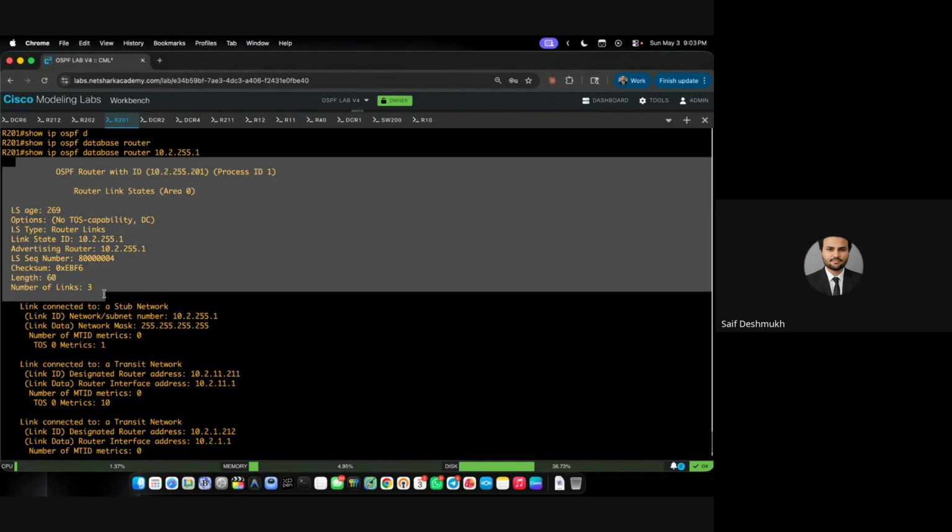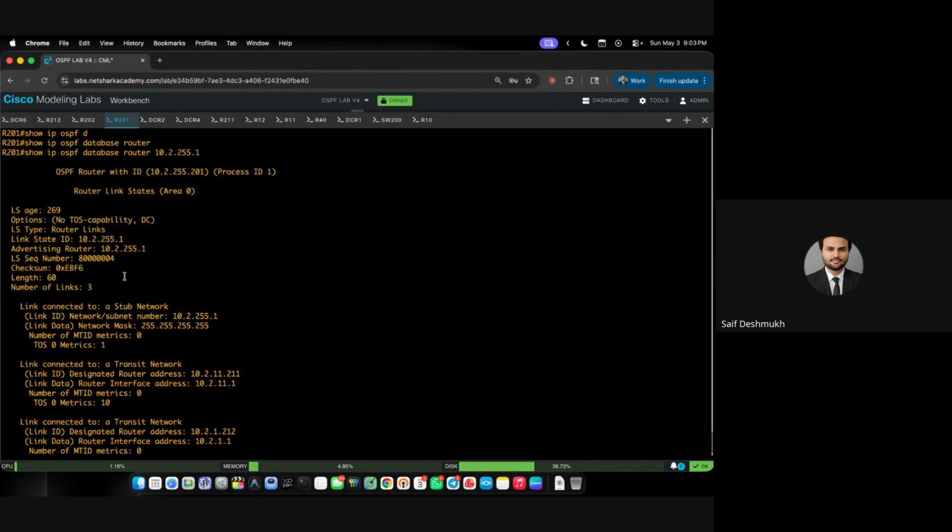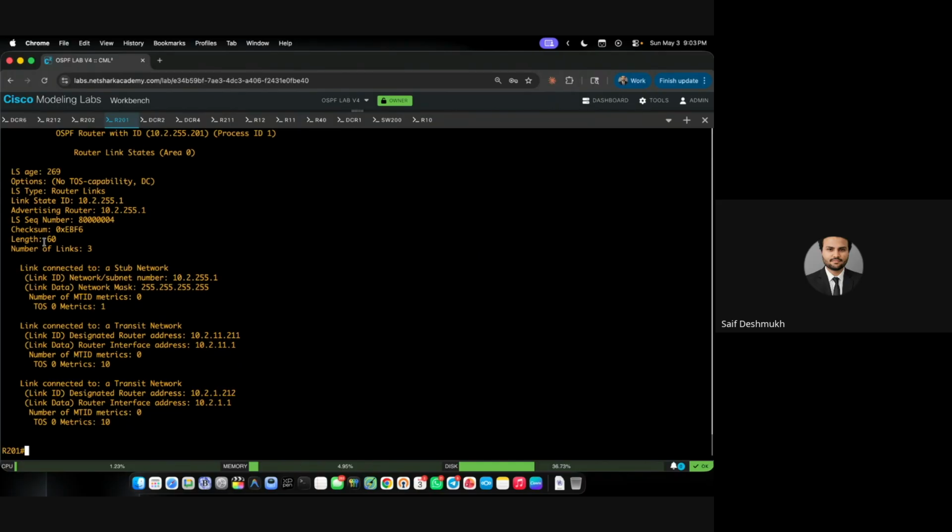This is the header. What else do we have? These are the router links. It's saying this is a type 1 LSA: link state ID, router ID, advertising router ID, sequence number, checksum, and length. As the links grow, the length will also grow. As a summary, it says that you have 3 interfaces.